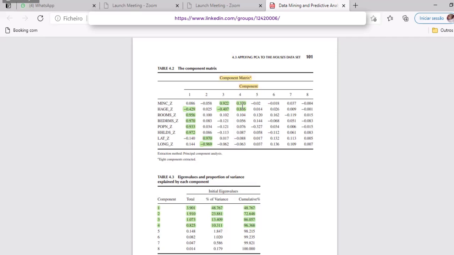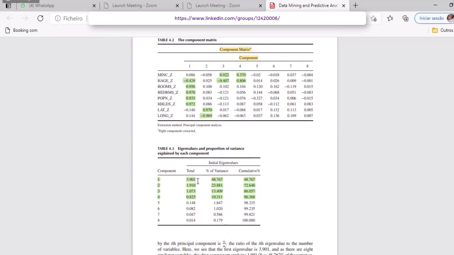So the last component that we will look at is one that is more correlated positively, but not totally, to the house age, and also a little bit to the mean income. So we are going to take these and see them in this chart and understand that the third result counts for 48% of the variance.